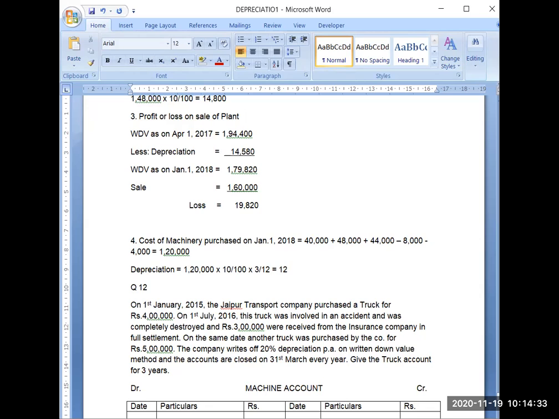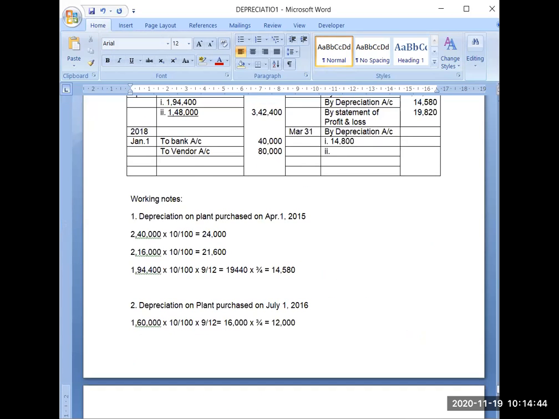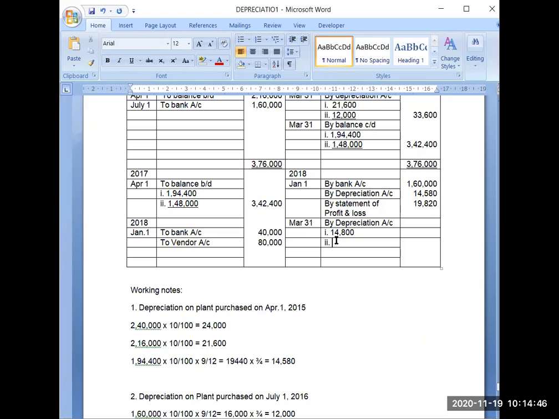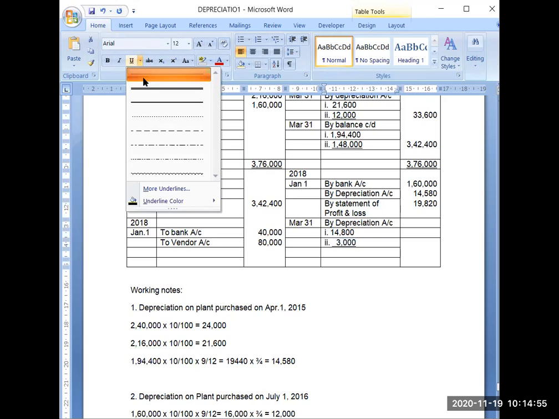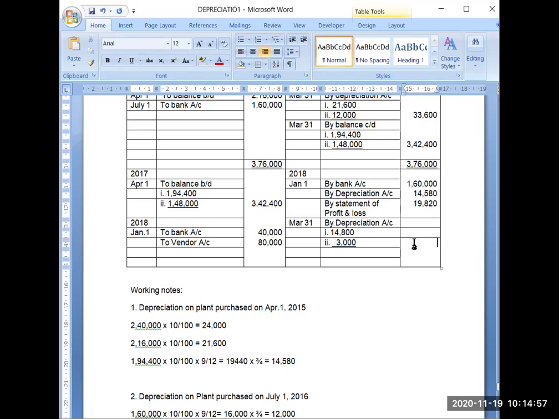So it will be 12,000 multiplied by 1 upon 4 is equal to 3,000. Total 17,800.